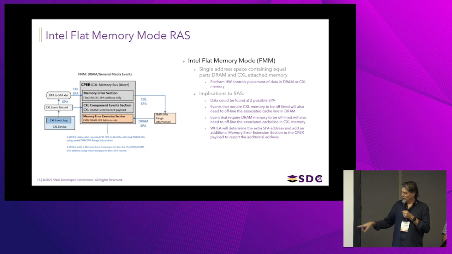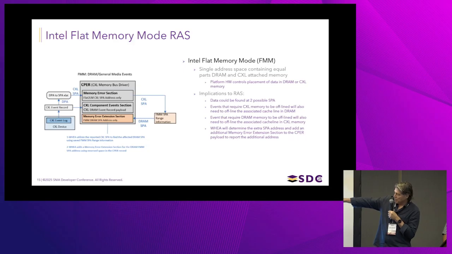In my little picture over here, I have DPA to SPA address translation occurring. We generate our memory error section and our CXL component event section. But then we're going to add another one, we call a memory error extension section. That's where we're going to describe the other SPA address that's affected by this.